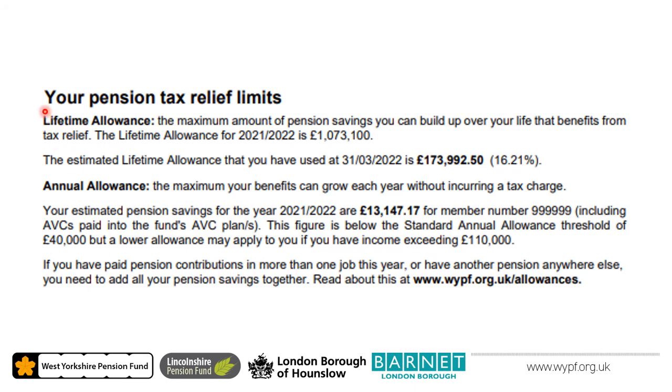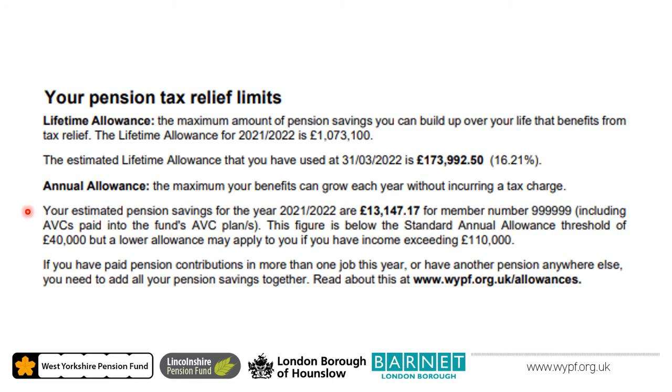So each job you have with us has a separate pension record, so we will work out the lifetime allowance and the annual allowance on this particular record. If you do have more than one job or you have pensions elsewhere, you need to add up all the pension savings together just to ensure that you haven't exceeded the lifetime or annual allowance.